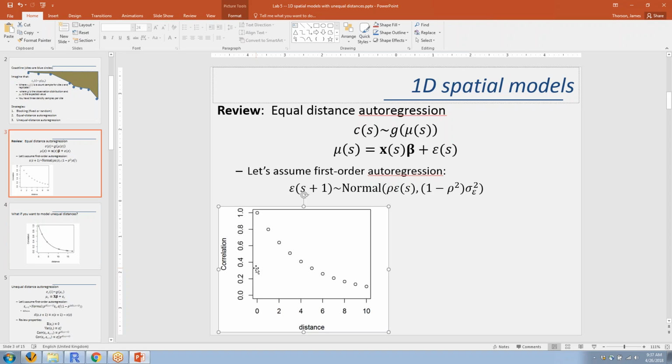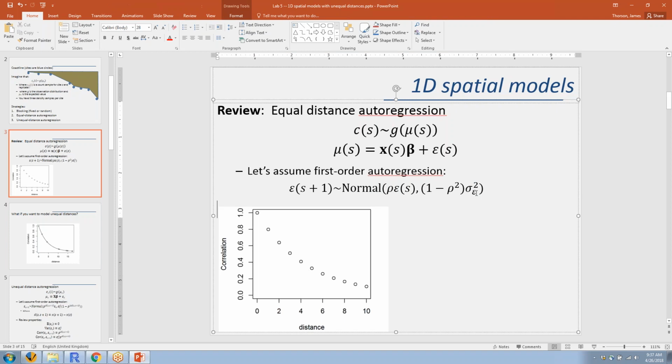S plus 3, it's the variance times rho cubed that remains after going 3 distances. If you sum across all of those, that's a convergent power series as long as rho is between -1 and 1. The value it converges on is the variance of the conditional process divided by 1 minus rho squared, and that cancels with this. So the marginal variance of this process is sigma epsilon squared.